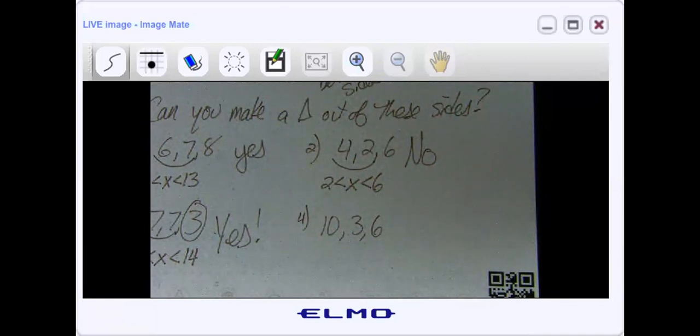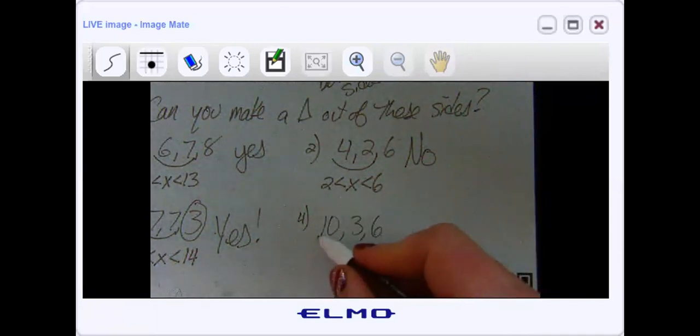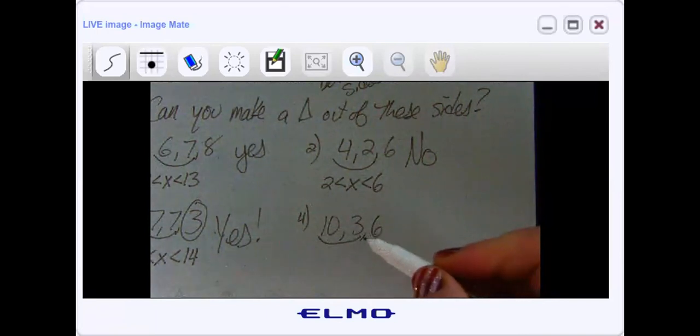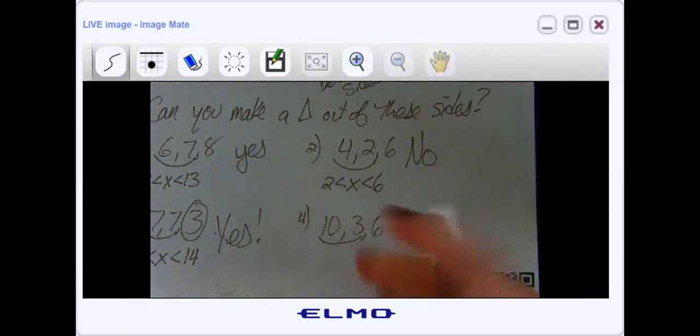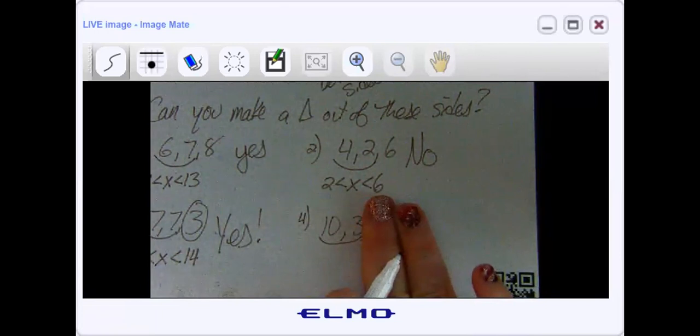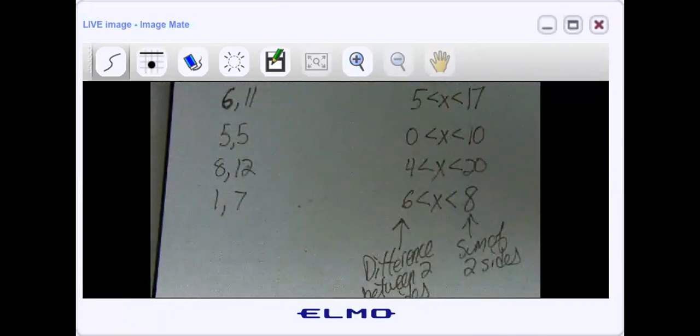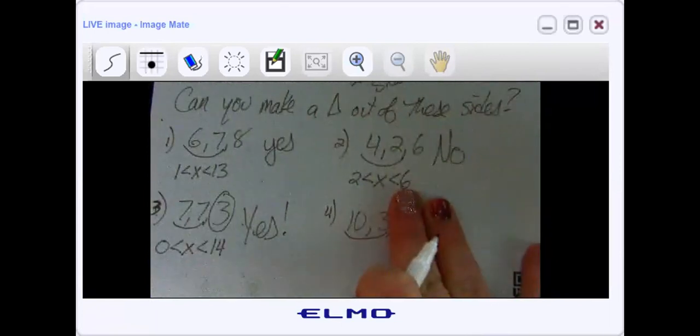I think she just said in the chat, yes. All right, so let's see. Let's try it. Take two of the sides, right? So I just take the first two, 10 and 3. I want to imagine I didn't know that that was a 6. So just like we were doing up in the chart, all the way up here, we found this range by finding the difference and the sum. So I'm going to do that.